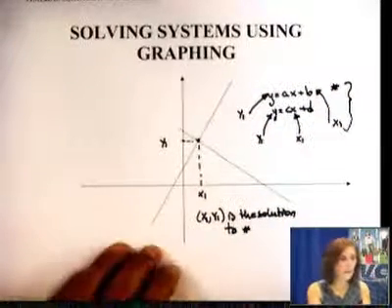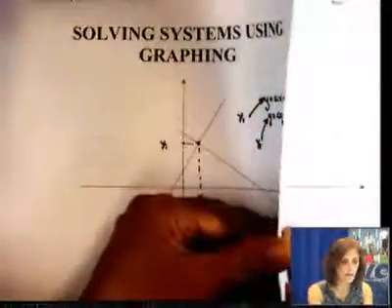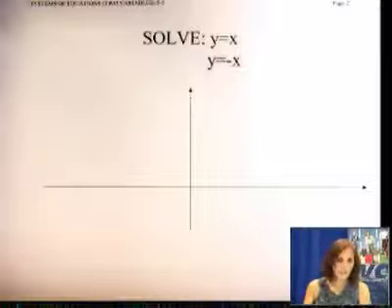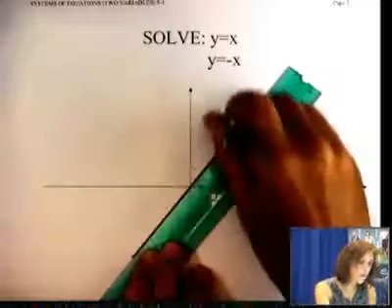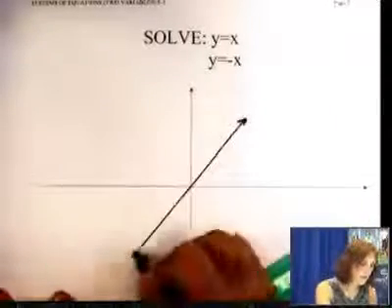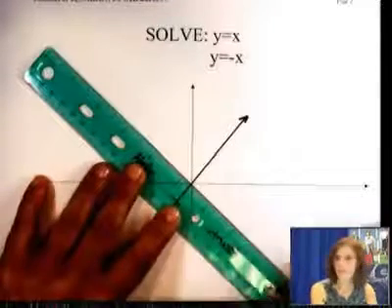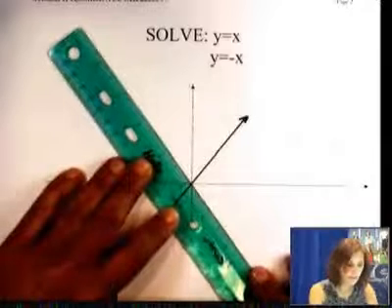All right, so this is the concept. Let's go to the next slide. All right, here we go. Let's think of a case where I have y equals x. And here's y equals negative x. It's 45 degrees.